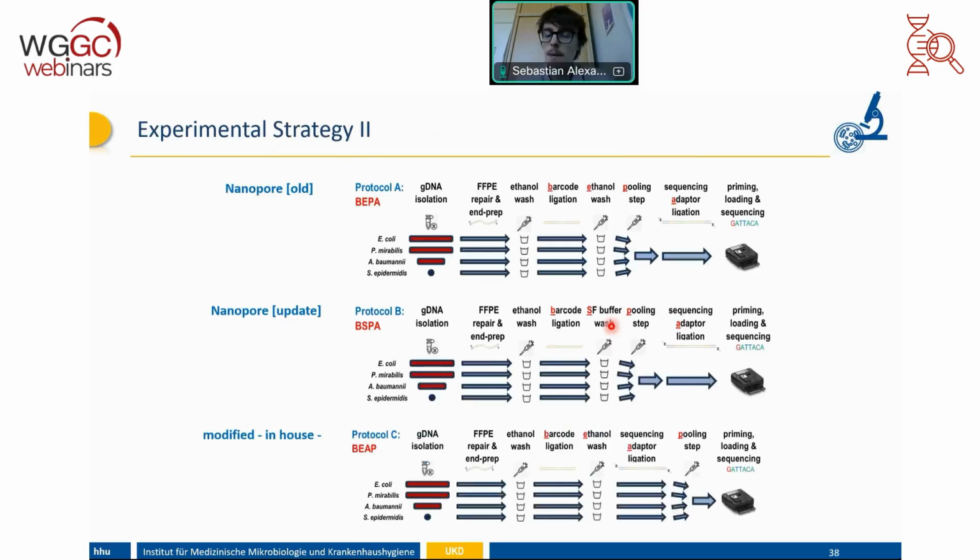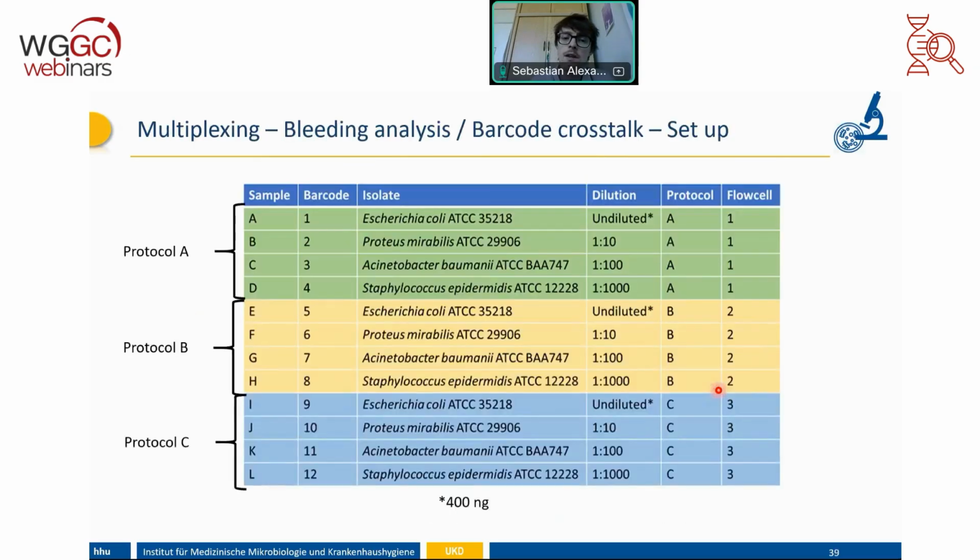During this time, Nanopore updated their protocol, so they noticed the same effect, and they changed it from an ethanol washing step during the barcode and adapter ligation to an SFB, so short fragment buffer, washing step. So we also tested this protocol with the same isolates and the same dilutions.